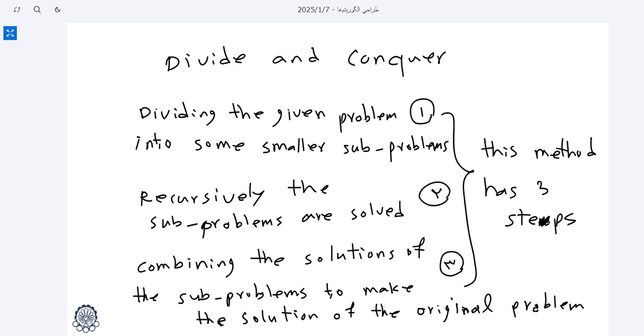Okay, so we have three steps. The first step is dividing the problem into some smaller subproblems. The second step is solving each subproblem separately and recursively. The third step is merging the solutions of the subproblems and making a solution for the original problem.